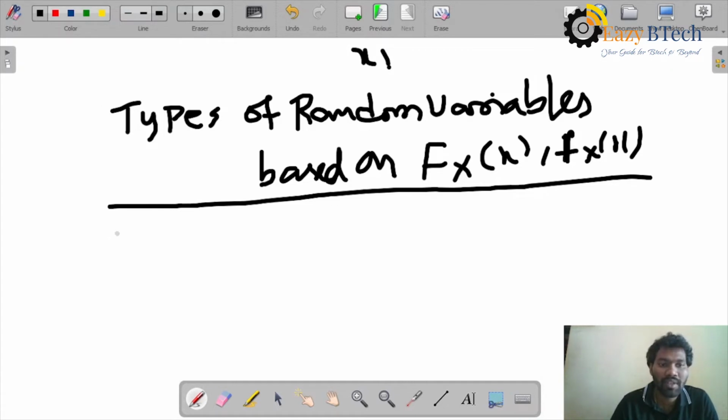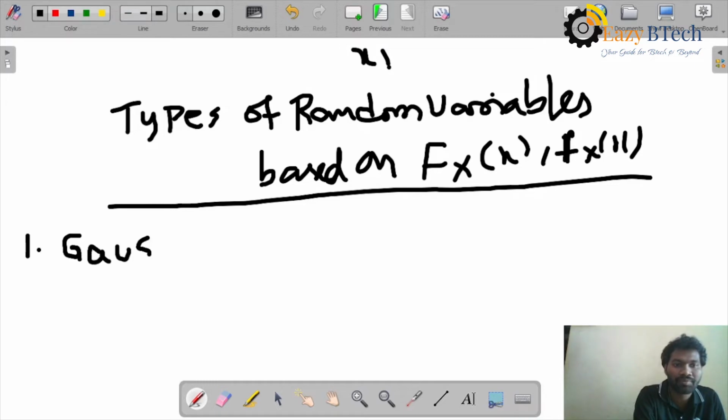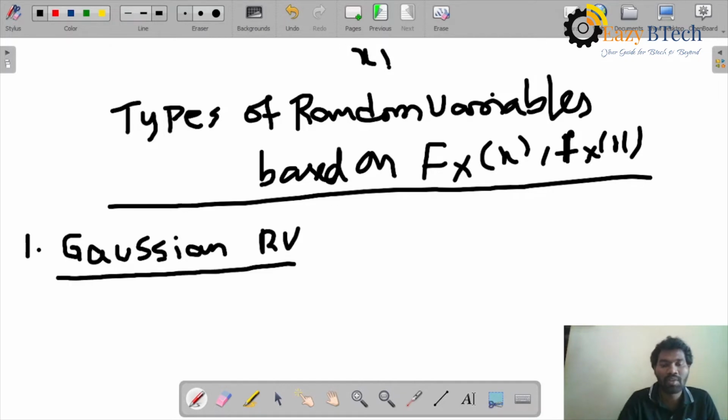The first one we are going to learn is the Gaussian random variable. Suppose I am assuming a random variable X. If it follows the Gaussian distribution, then we can say that it is a Gaussian random variable.